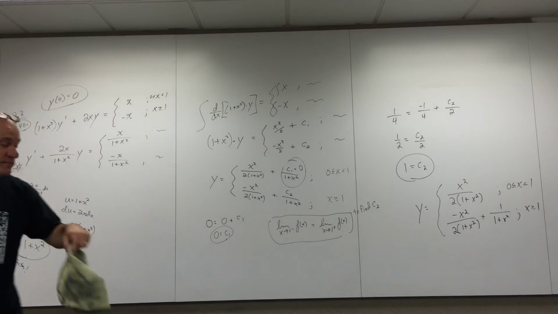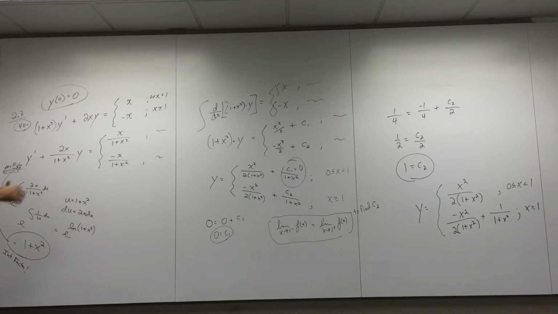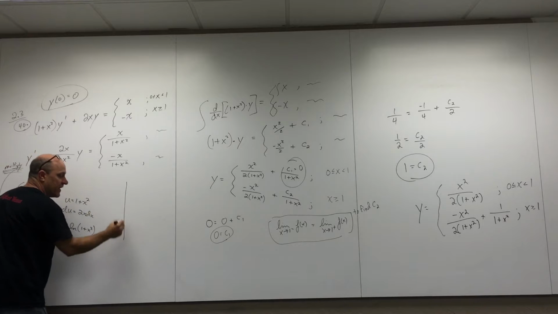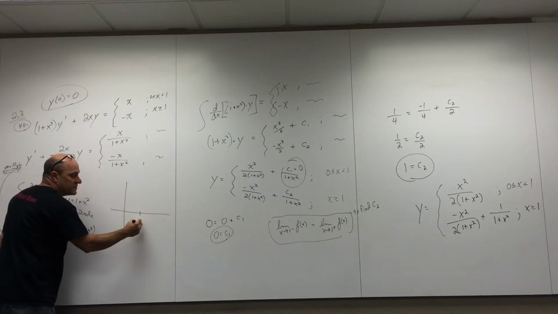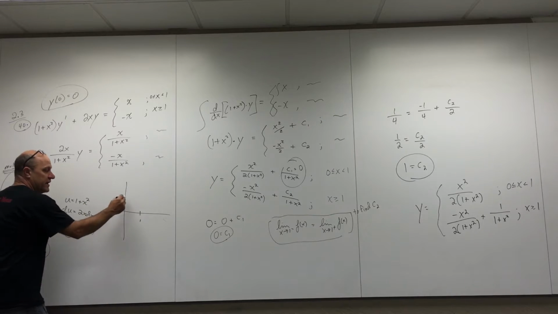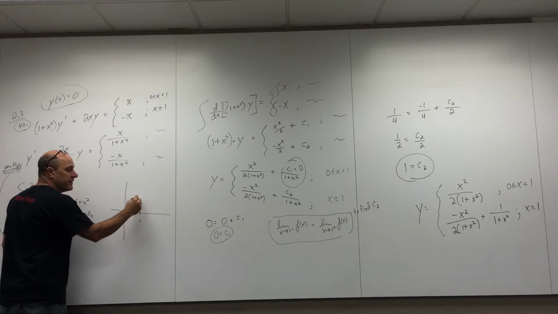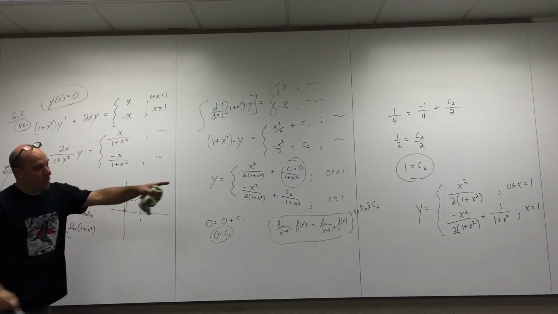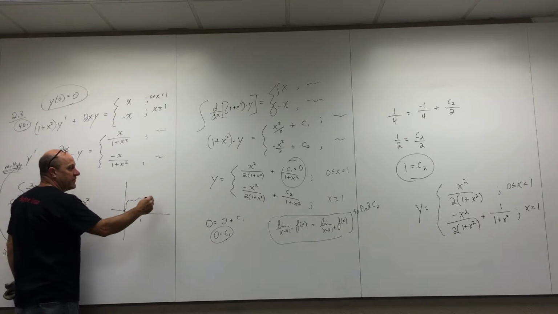And I like that. It's good stuff. One more thing. I'm not sure what these look like. I don't really want to go graph them. But between 0 and 1, it looks like something, and then to the right of 1, it looks like something else.